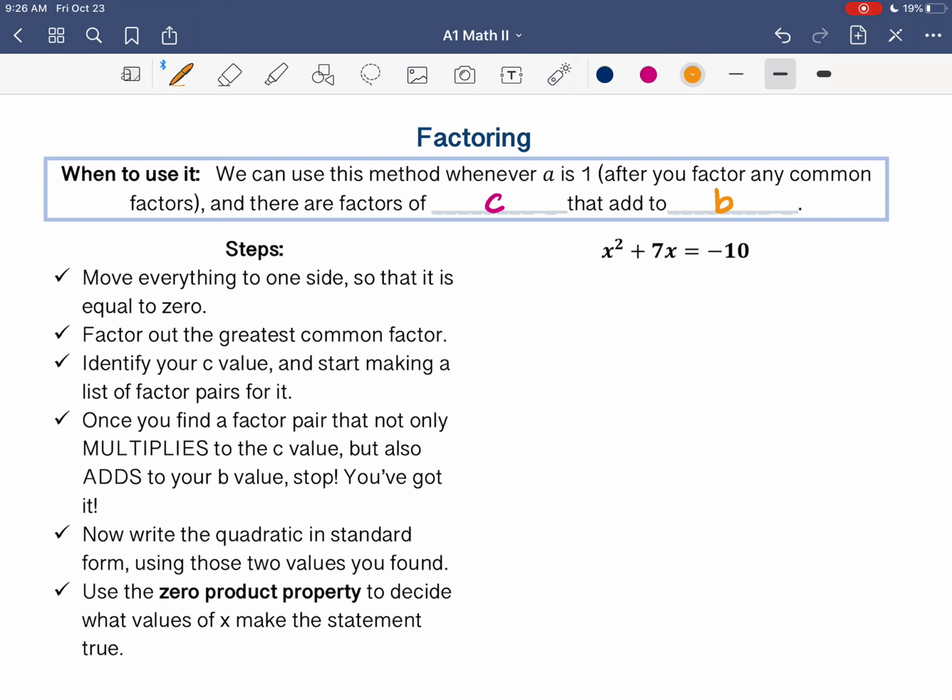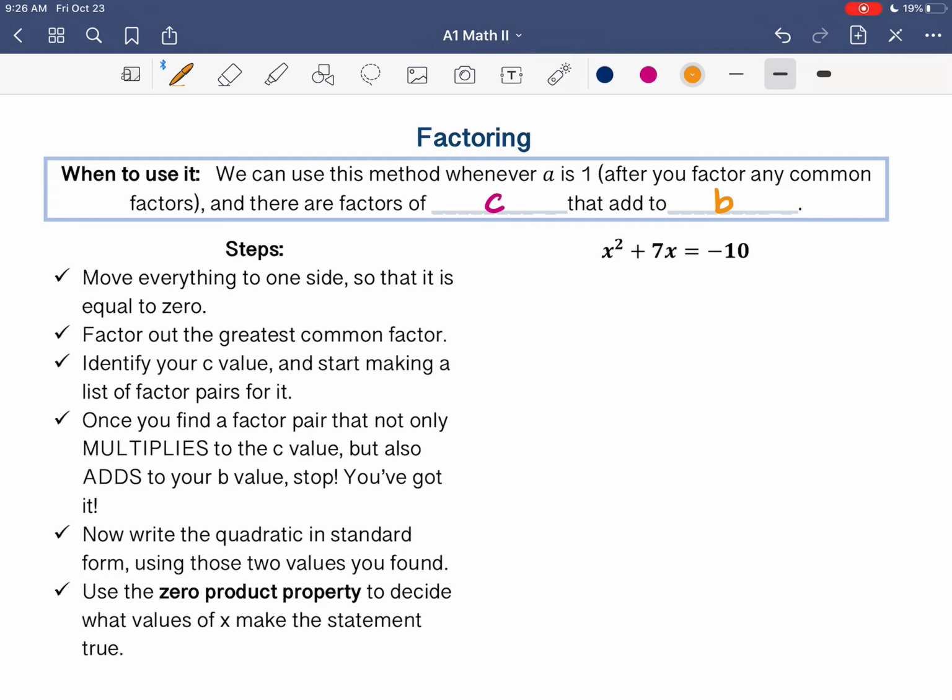So that seems ultra specific and kind of confusing, I'm sure, but we will figure that out in a second. The idea here is that some things just can't be factored, and sometimes the best way to figure that out is trying to factor it, and if you can't, then you can't.